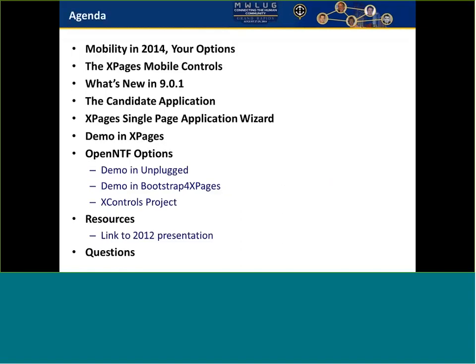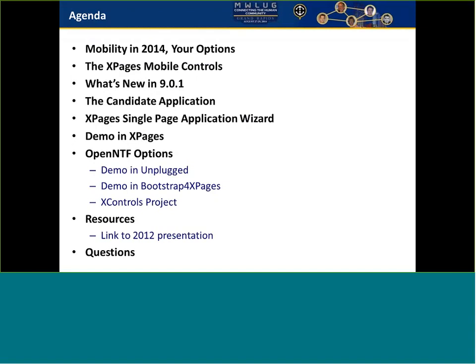Okay, so what do we want to talk about today? We'll touch on what is probably pretty obvious to everybody on the call in terms of mobility and what expectations are today and going forward. I'm going to talk about the mobile controls and how you can use them, and specifically touch on what's new in 901. For that content, I went to the Mastering XPages 2nd edition book, which I have sitting right in front of me.